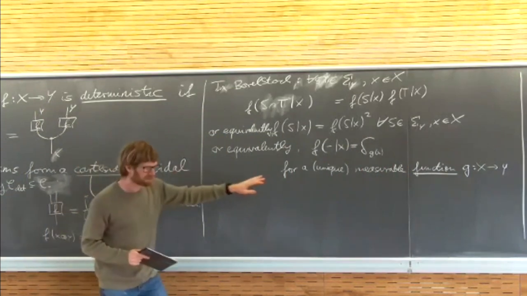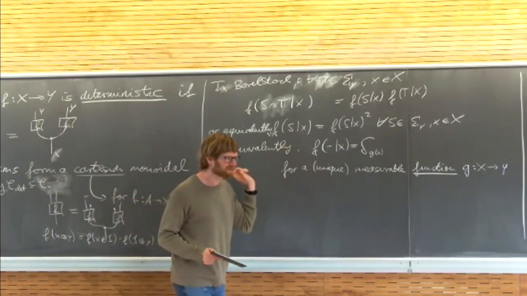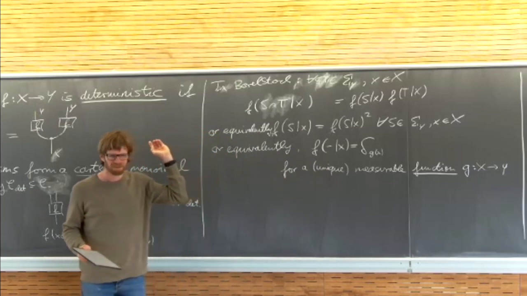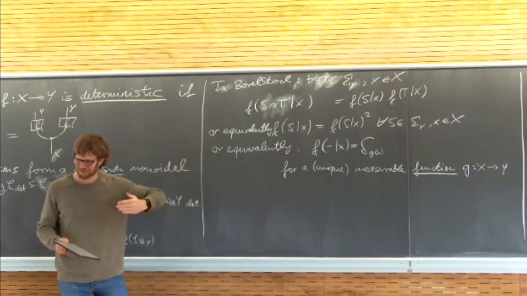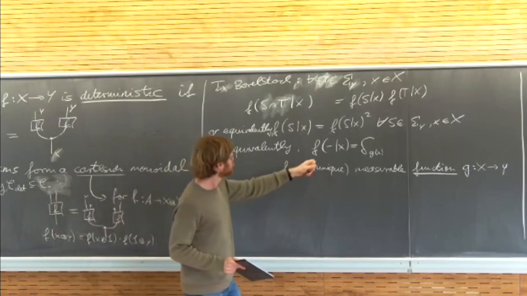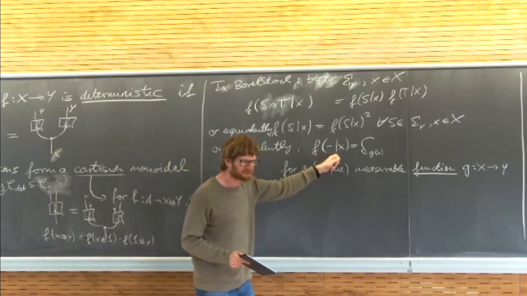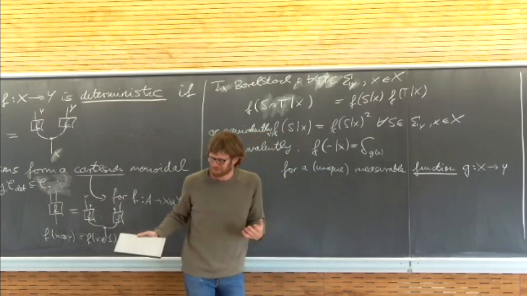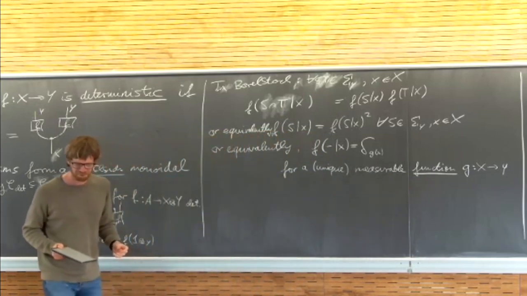Okay, and so when we talk about deterministic morphisms, especially in the context of Borel stock, we are a little sloppy, identifying the deterministic Markov kernel with the corresponding measurable function. It's a bit of an abuse of terminology or notation.